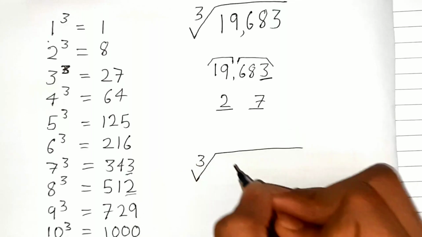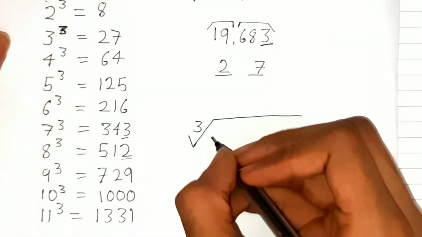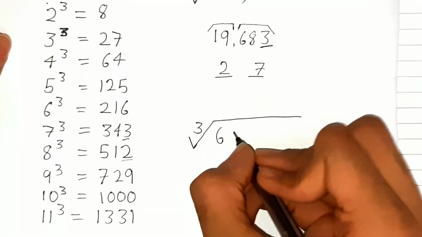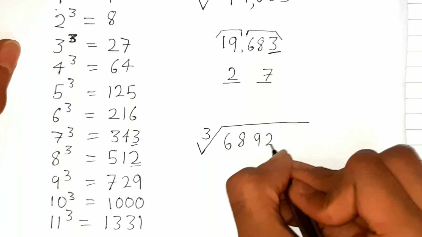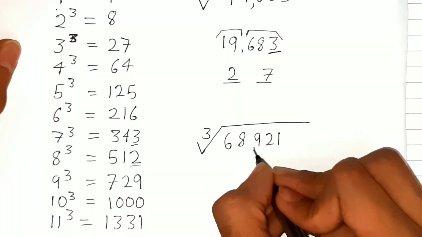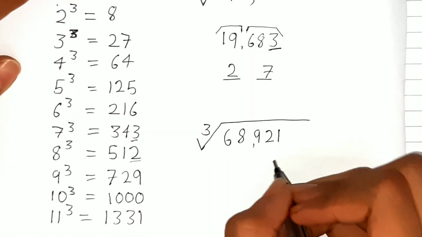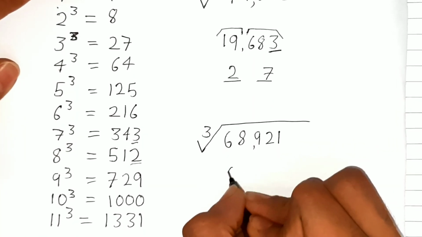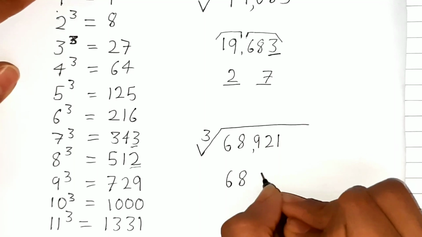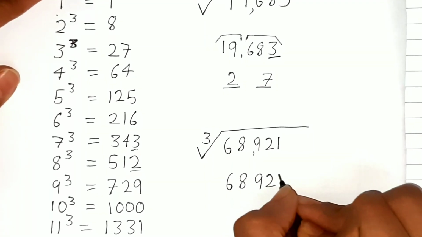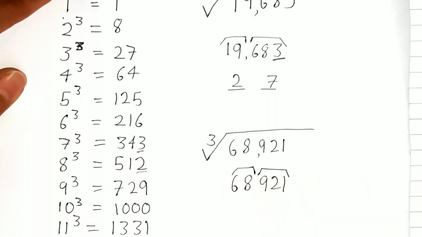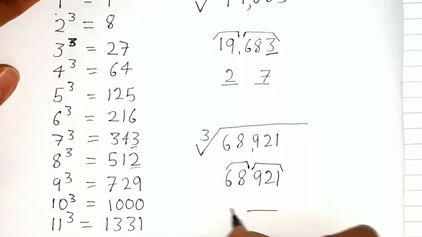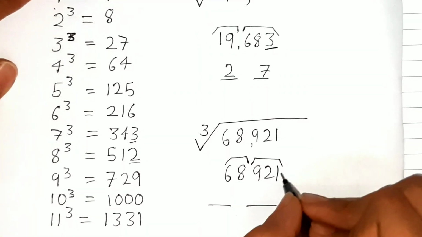Let's take one more example. Let's say we need to find the cube root of 68,921. Now we'll do the same method. We'll write down the number and divide it into 2 groups, with the first group having 3 digits, that is unit, tens and hundreds, and we'll make 2 blanks.